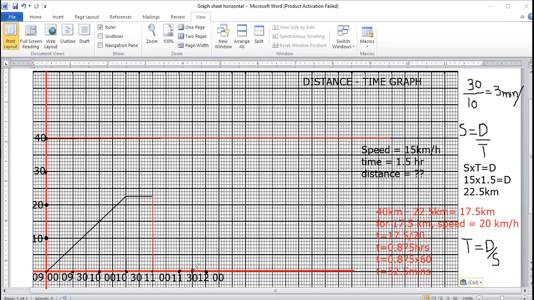So what will I do? 11:45, one small box, 11:48, one more small box, 11:51, and then half of this box, where I'm putting my mark.